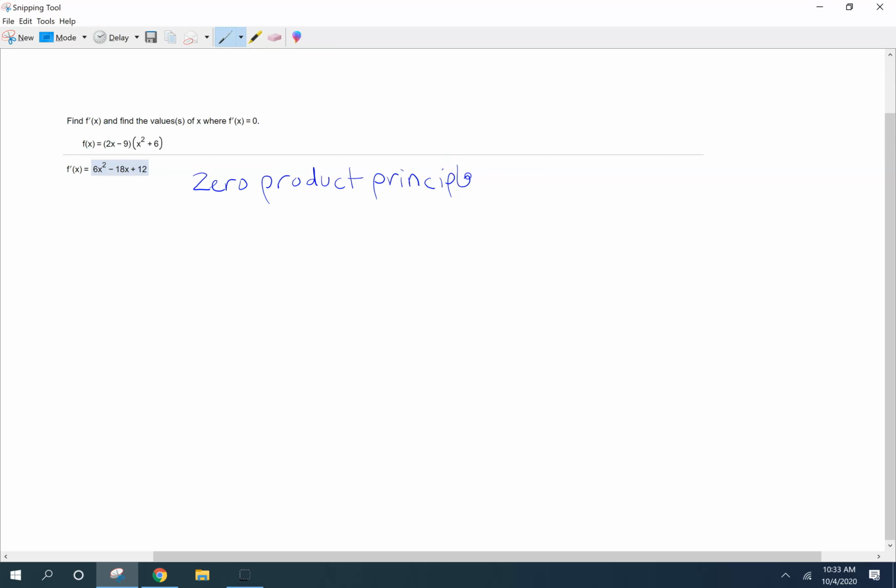We apply this when we have a function equal to 0. So right now we have a derivative function set equal to 0. So what we're going to do is factor the expression, okay? And then you set each factor equal to 0. So let's see that in action over here.